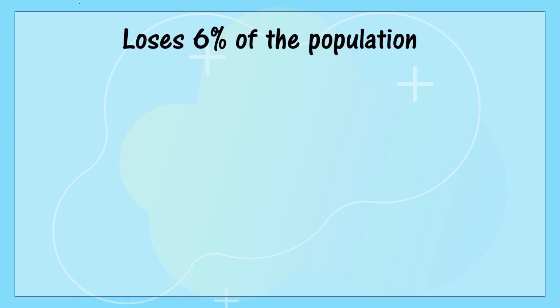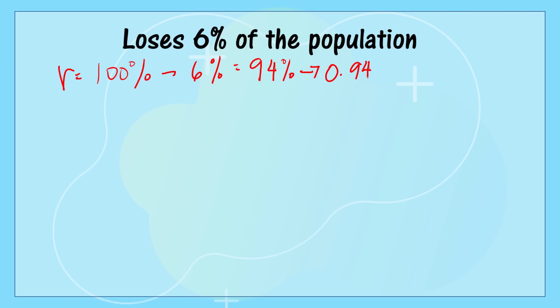So dito, ang ating magiging common ratio will be 100% minus 6%. So ang gagamitin natin is 94%, or kapag ginawa natin siyang decimal, that is 0.94.